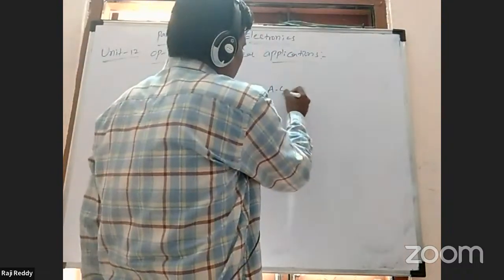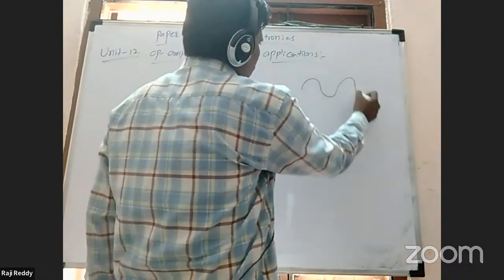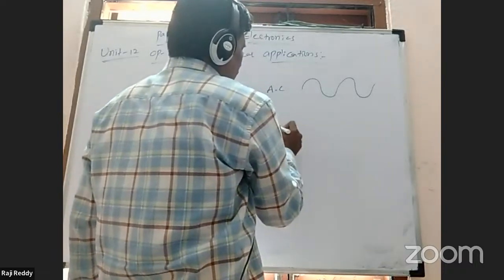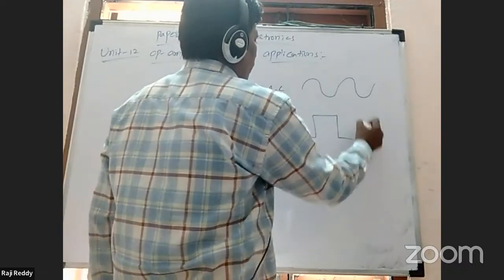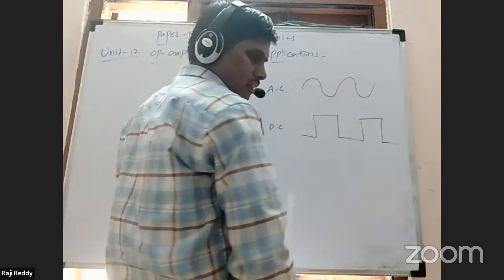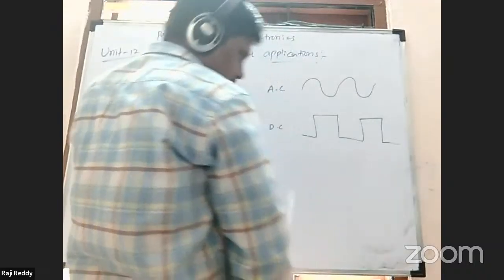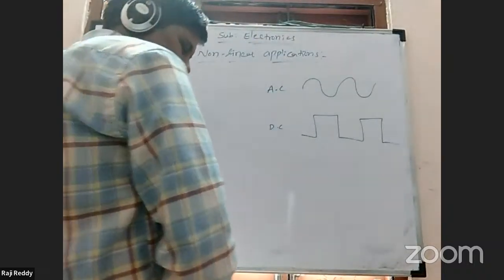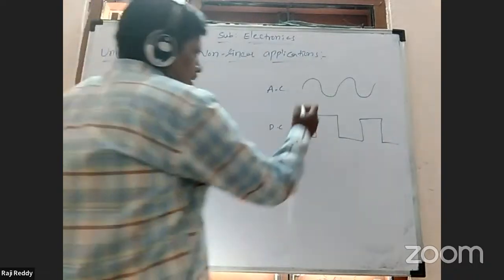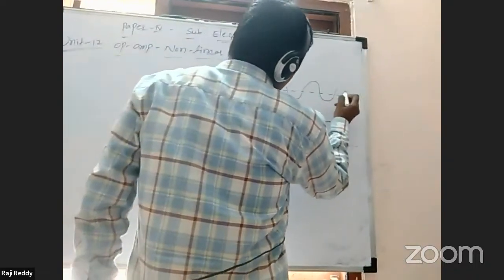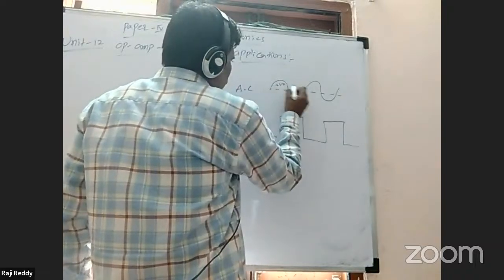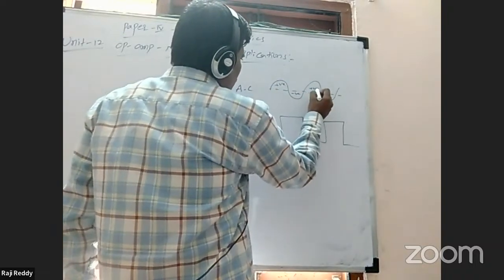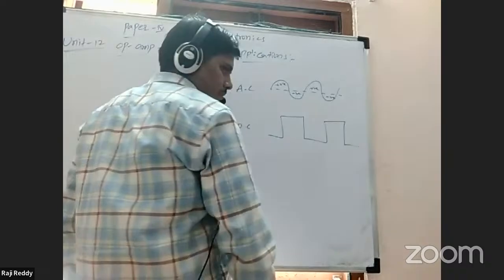We know the AC signal is a sine waveform, no? A DC signal is direct, either 1 or 0. That's direct current. This is a sinusoidal current. This is the propagation line. This we can say is the positive pulse, and this is the negative pulse, and it goes on.